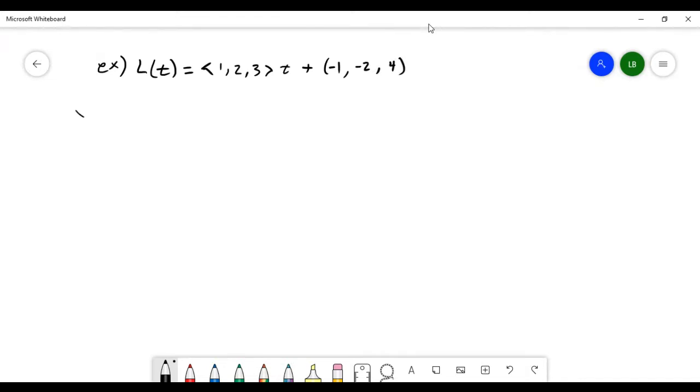Well, you could really quickly write it in parametric form because you can see the slope on the x would just be 1, and the intercept for the x would just be -1. Likewise, for the y value, you have a slope on the y component of 2, and an intercept for y of -2. And finally, for z, a slope of 3 and an intercept of 4.